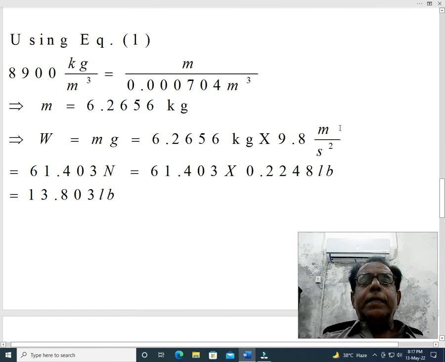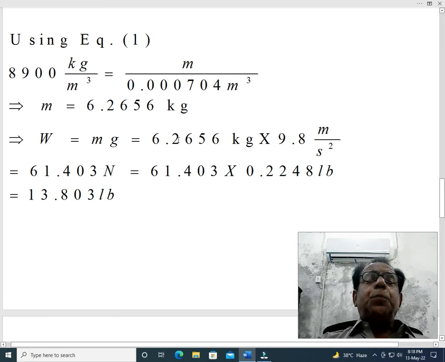This constant we have been dealing with from very early classes. So this implies that weight W has become equal to 61.403 Newton.